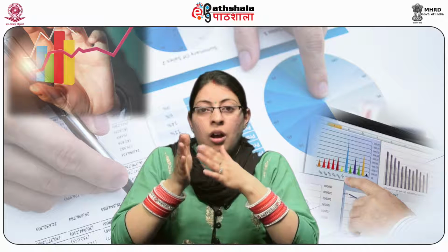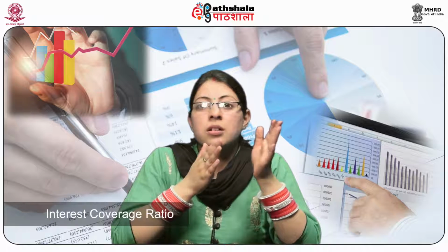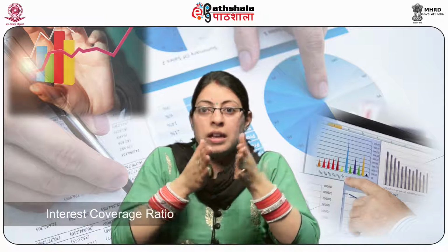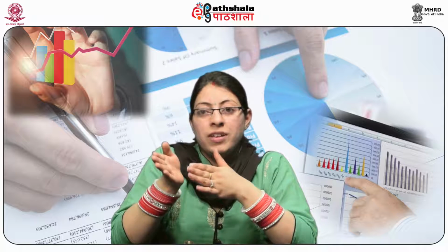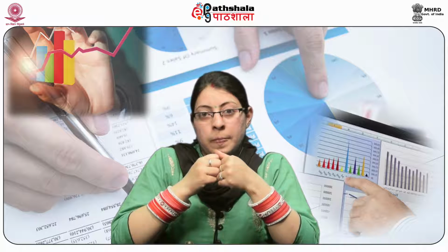The higher the ratio, the safer are the long-term creditors. A too high ratio may not be good for the firm. One of the limitations of interest coverage ratio is that it does not take into consideration other fixed obligations.